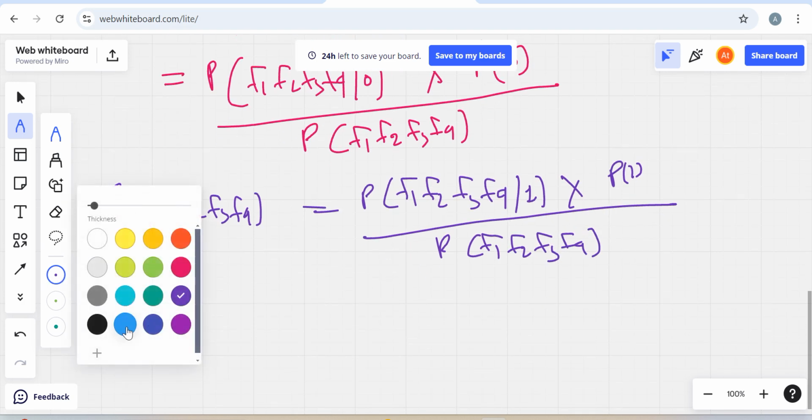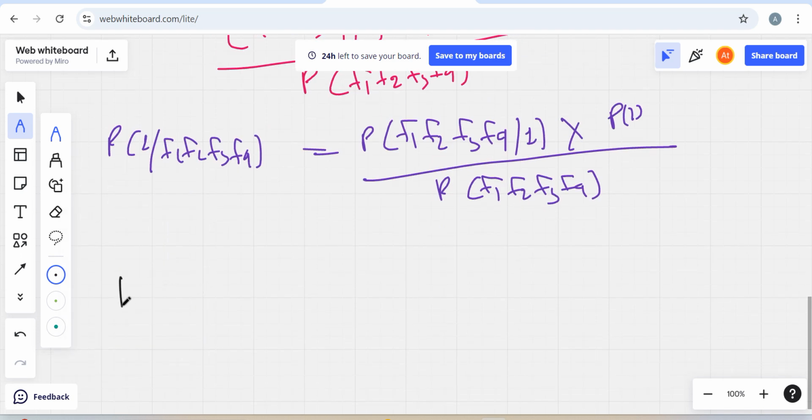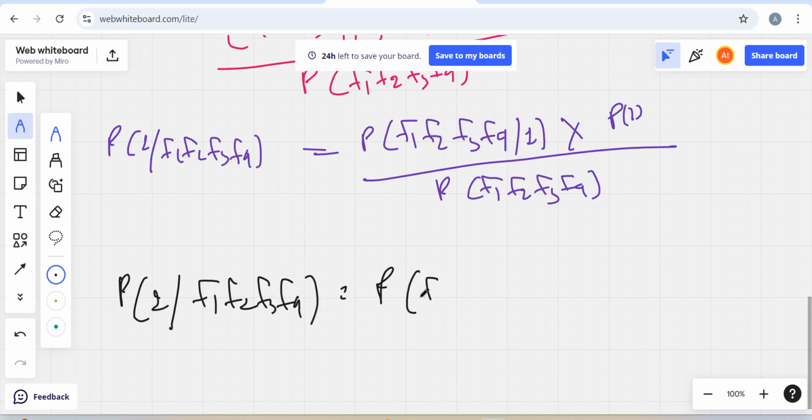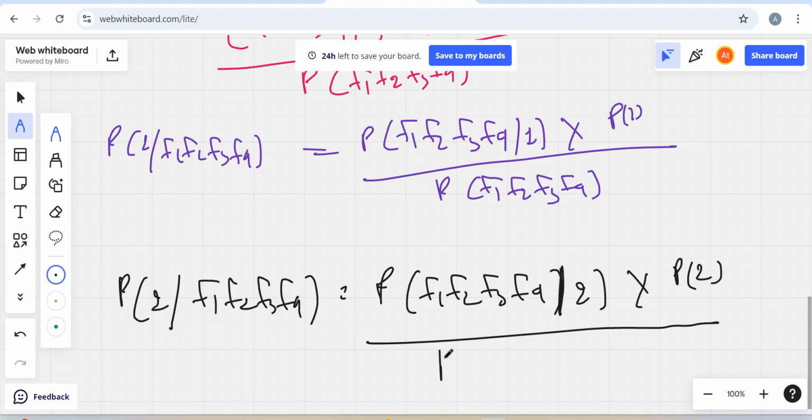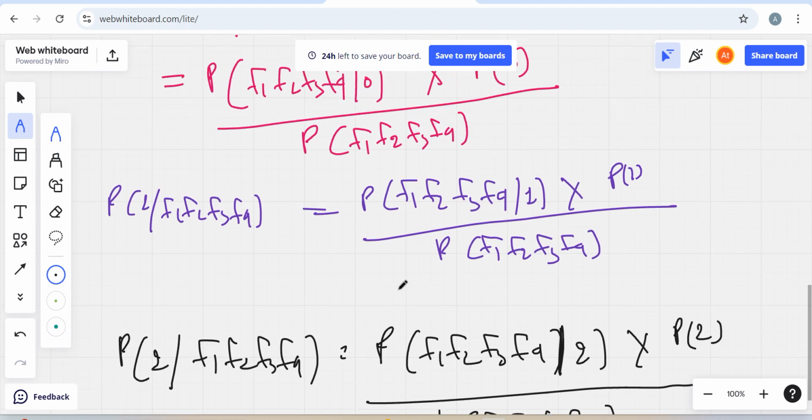Now for class 2, probability of 2 given the four features is equal to probability of the four features given 2, multiplied by probability of 2, divided by probability of the four features.